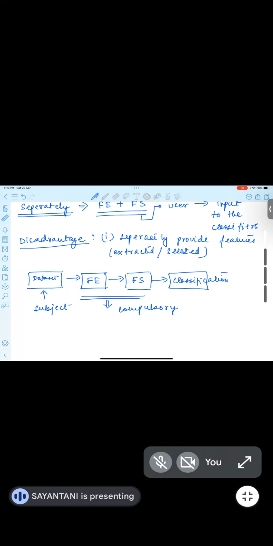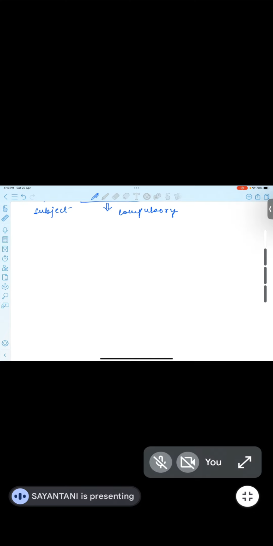Now, in order to overcome the disadvantage of the machine learning based classifiers, a new term referred to as deep learning has been introduced. You must have heard this term because there are a lot of articles in different blogs, papers, even in social media. You can find this term deep learning, right? So what is that?